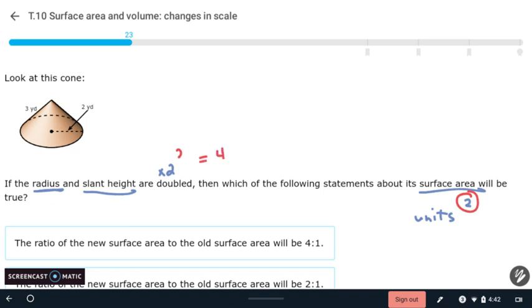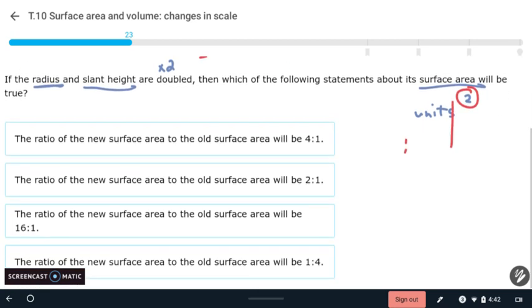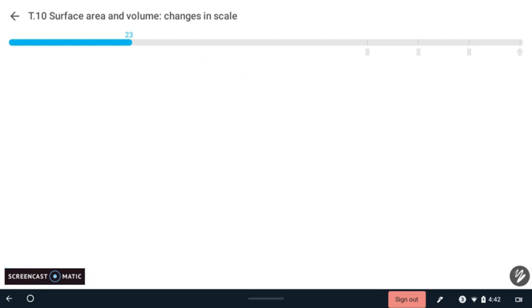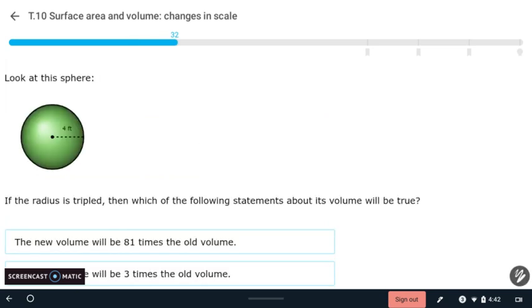That means it'll be 4 times bigger, or a ratio of 4 to 1. Then scroll down, find the ratio is 4 to 1, and we're done. So much quicker than the old ones, but make sure all of the linear measurements are being changed.